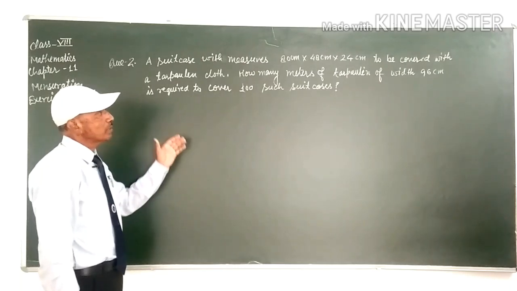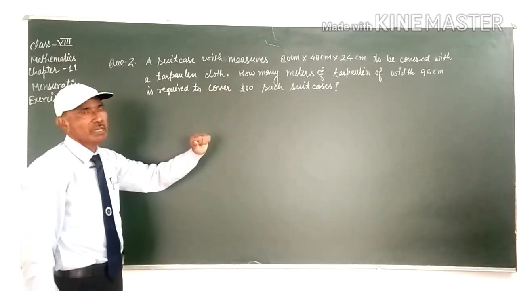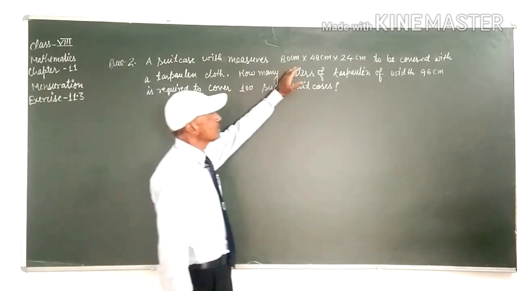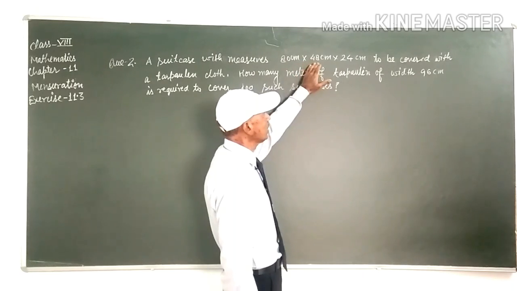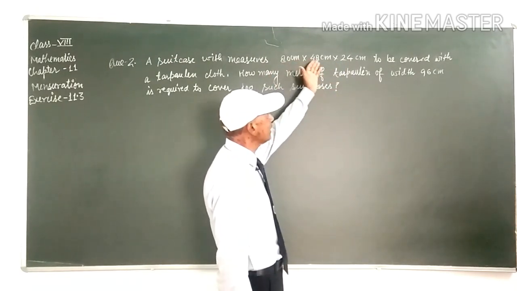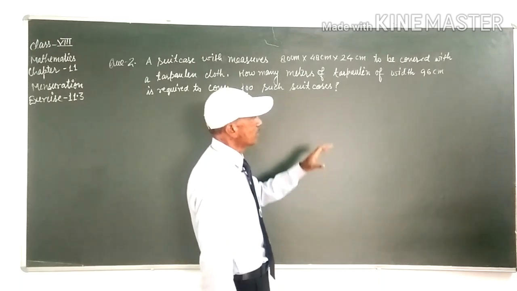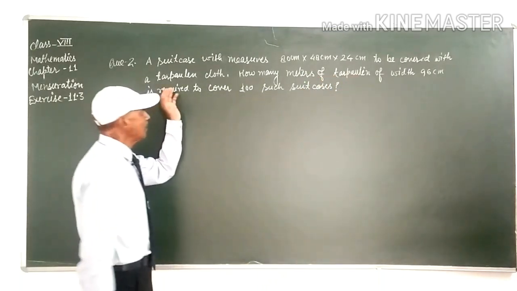So students, in this question the dimensions of a suitcase are given here and all the dimensions are in centimeter. This one is 80 centimeter into 48 centimeter into 24 centimeter. This is the length, width and height of the suitcase, and it is to be covered with tarpaulin cloth.